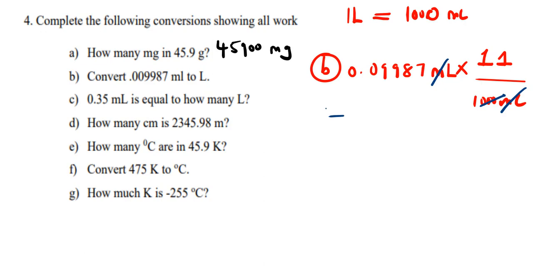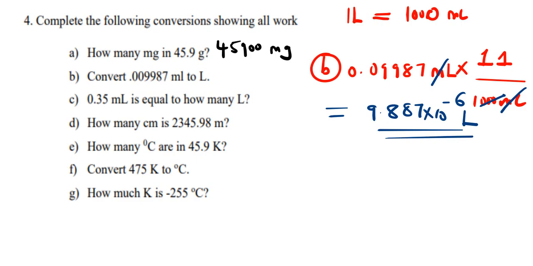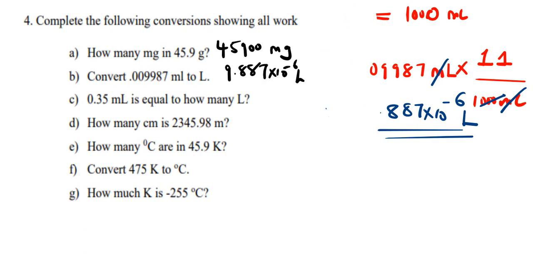Now when I use a calculator, 0.09987 divided by 1000, I'm getting 9.987 times 10 to the power negative 5. Now what is the unit? Liters. So that is what we have on the second one. We have 9.887 times 10 to the power negative 6 liters. So that's how you're solving this one.